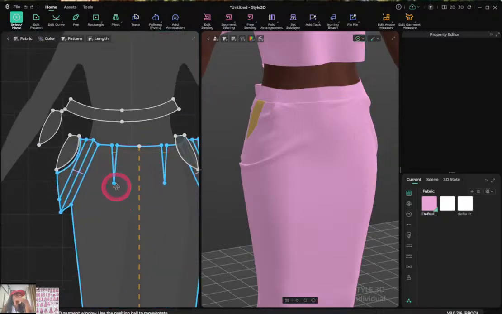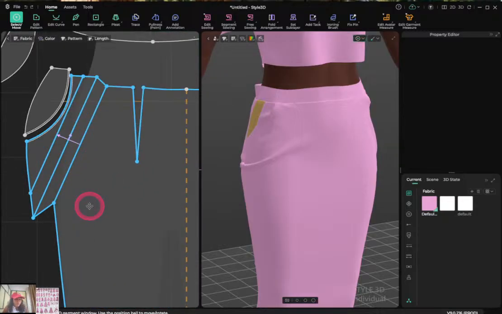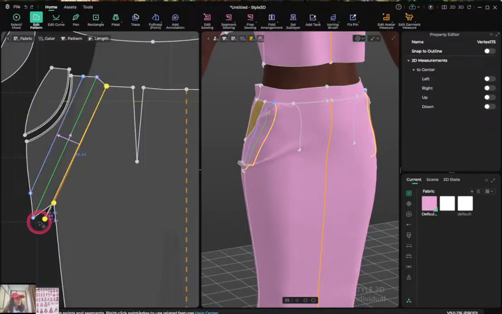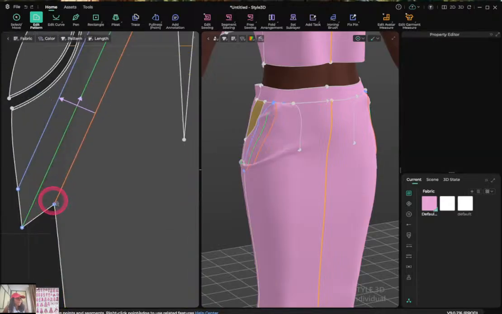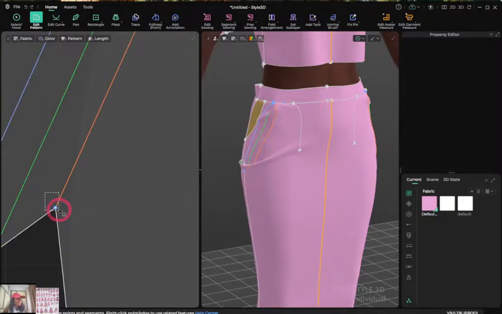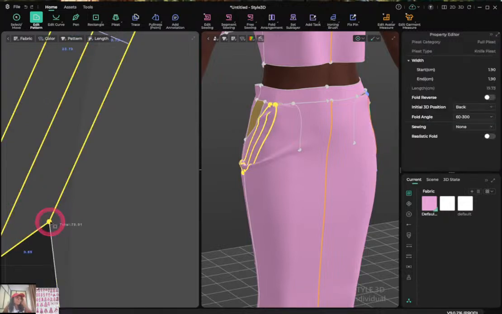Now what is this? I think I have to move this. No. Move the whole thing. Come on. I just want to pick 1 point. 1 point. Can you let me?